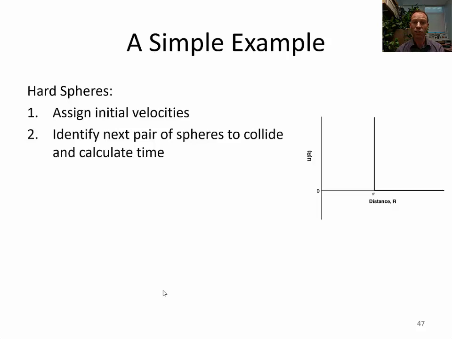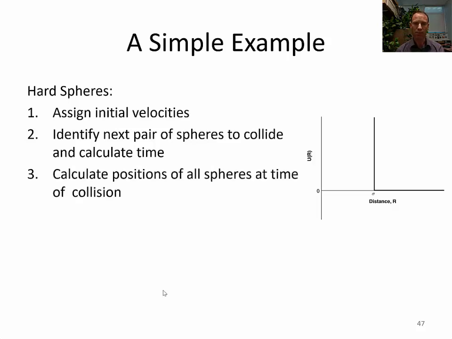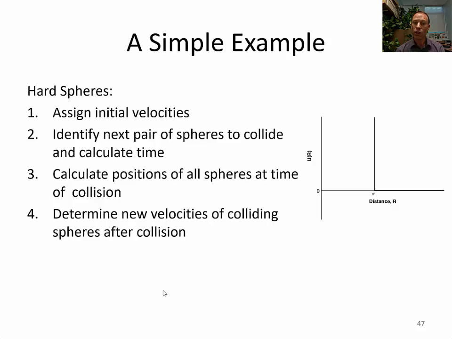In this case, you can fast forward to that step, calculate the positions of all the spheres at that time of collision. Then you know that after a collision, the spheres will have new velocities because they'll bounce off each other. So those two will have new velocities, and then you can just keep doing the same.